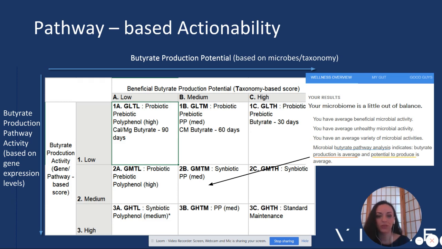So is there some conflicting evidence, or should I not trust it as much? Well, the point is that because we have two separate, independent, orthogonal axes, this is actually where it gets more personalized. So you can have butyrate activity coming from maybe not the beneficial butyrate producers.